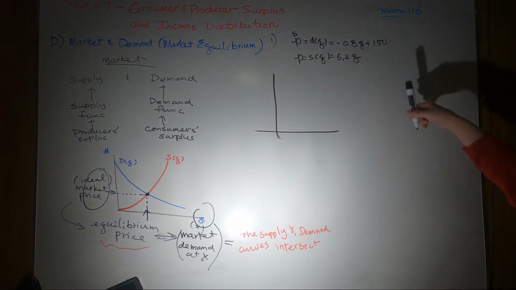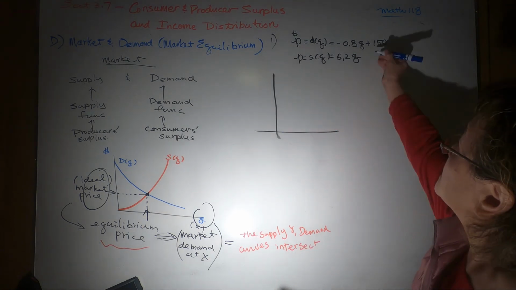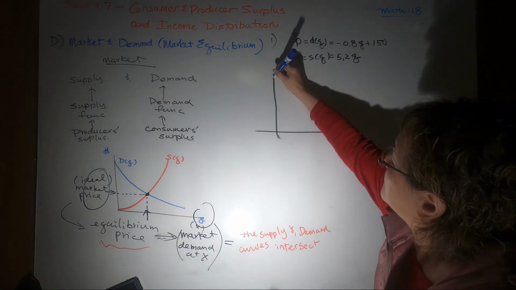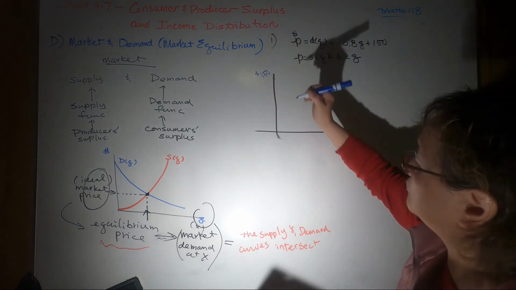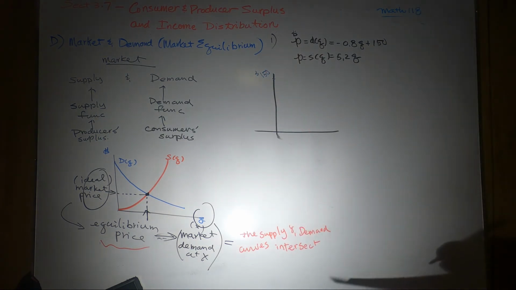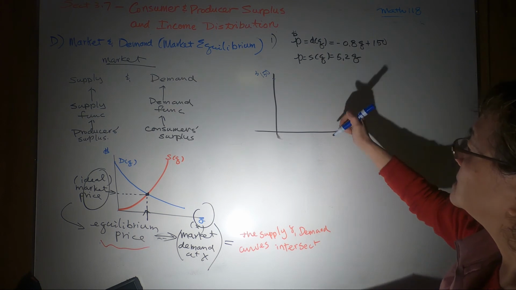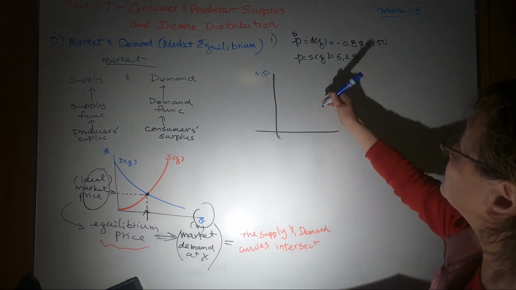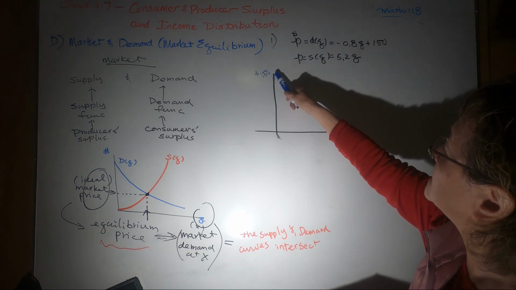So first, let's graph the demand function. If the demand is 0, then the price will be very high, 150, right? So Q is 0, P is 150.